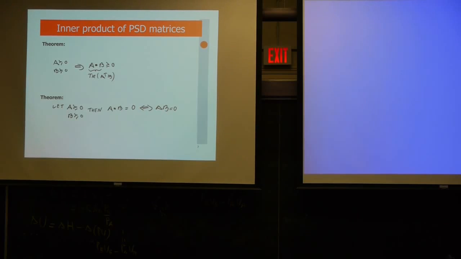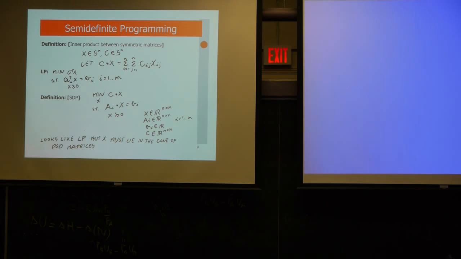Okay, we introduced the inner product between matrices. And there was a theorem which says that if A and B are positive definite, then the inner product is 0 if and only if the product of these matrices is 0. After that, we defined semi-definite programming.